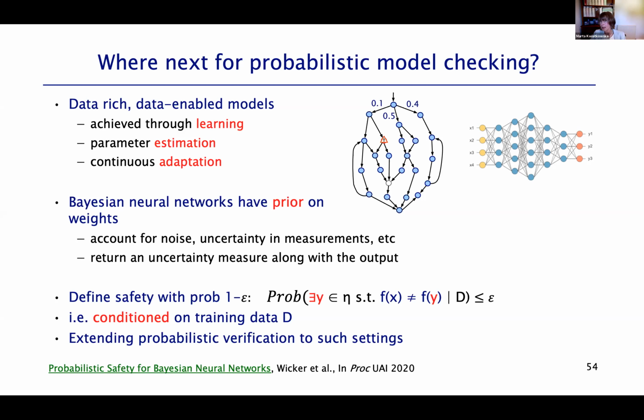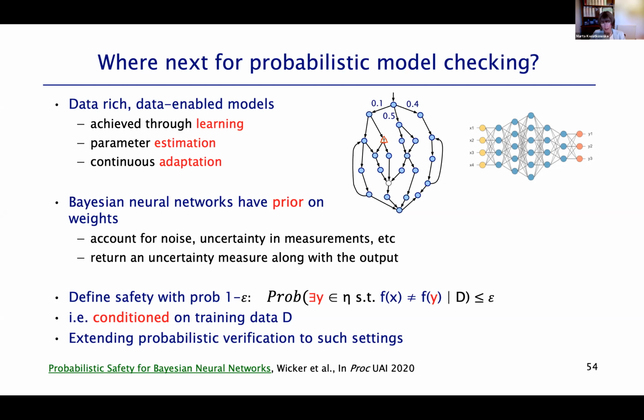For neural networks in particular, there is a variant which is called a Bayesian neural network. For that, you can talk about a probabilistic analog of properties, but in this case, you are talking about the probability which is conditioned on the training data.